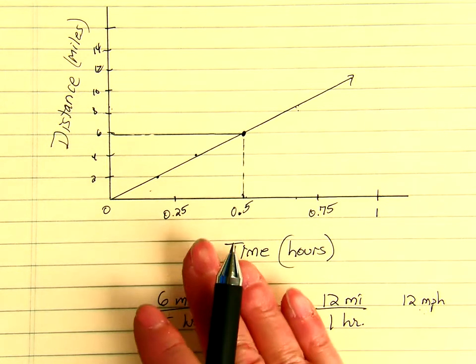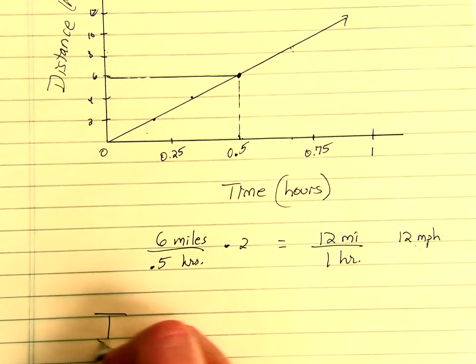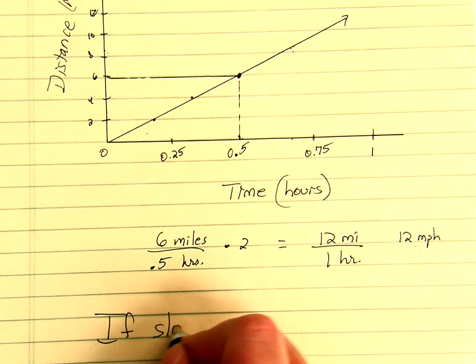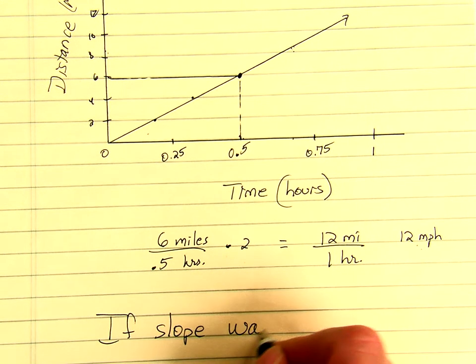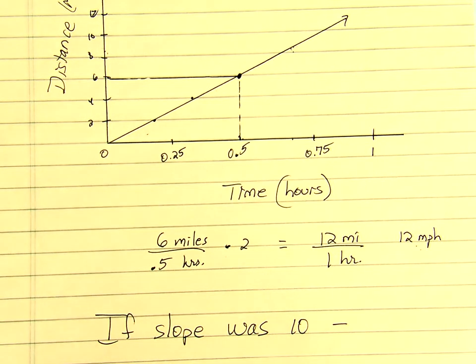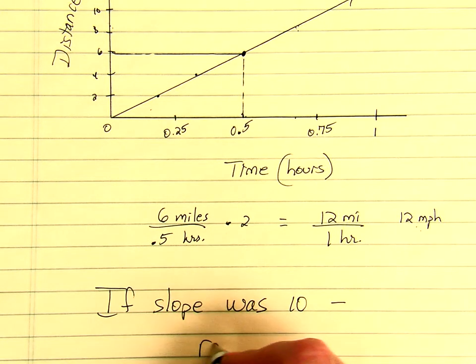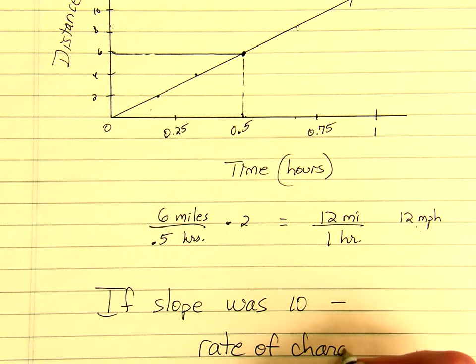Okay, so judging from the way this graph worked, I would say that if my slope was 10, that means my constant rate, or my rate of change, is 10.